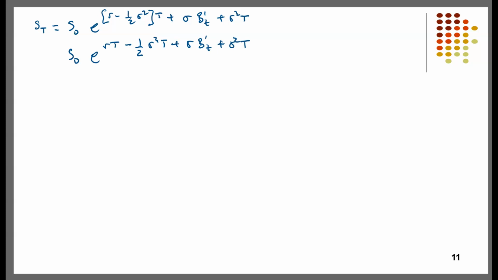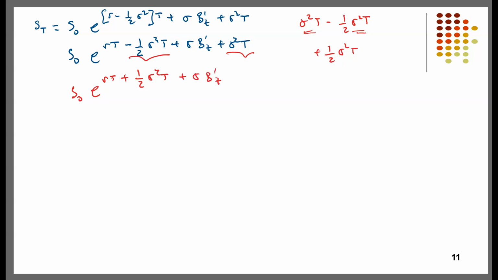And so what do we have? We have minus 1/2 of sigma squared t plus sigma squared t. That gives us sigma squared t minus 1/2 of sigma squared t, which gives us 1/2 of sigma squared t, right? But this comes with the plus sign because this is essentially 2 times that. So S0 is going to be equal to the exponential of rt plus 1/2 of sigma squared t that we have here plus sigma times the new Brownian motion.